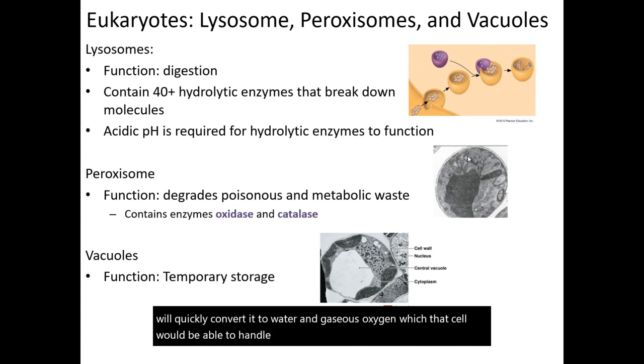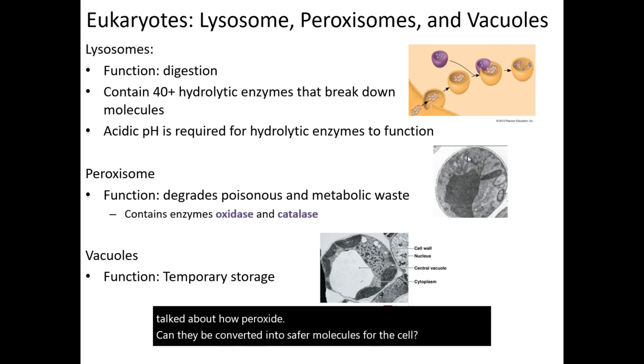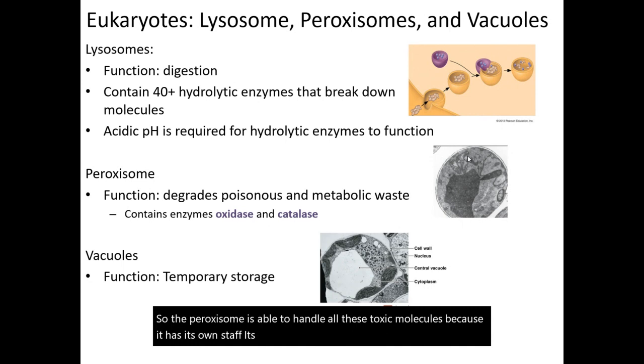Okay, so sometimes though, a hazardous molecule will be encountered, and in order to handle that toxic molecule, it will actually be converted to peroxide. But then we just talked about how peroxide can then be converted into safer molecules for the cell. So the peroxisome is able to handle all these toxic molecules because it has its own staff, its own little workers like catalase and oxidase that are going to take those harmful things and turn them into safe molecules.